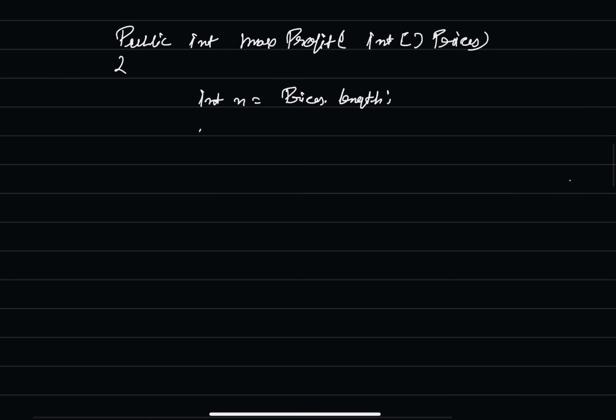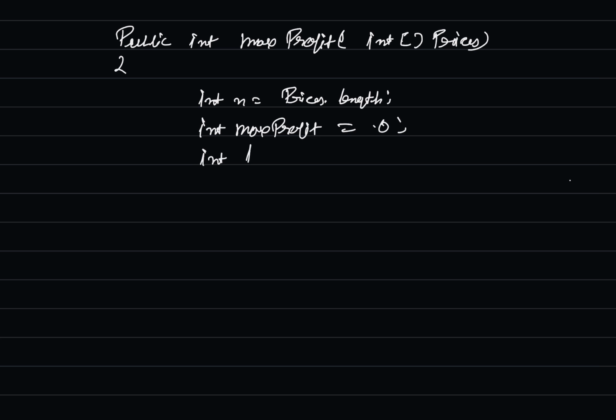Now I declare one more variable called maximum profit. In that variable I store 0 because I don't know the maximum profit, so initially I store 0. And the third variable, buy price. Initially in that variable I store the first day price of the stock, prices[0].